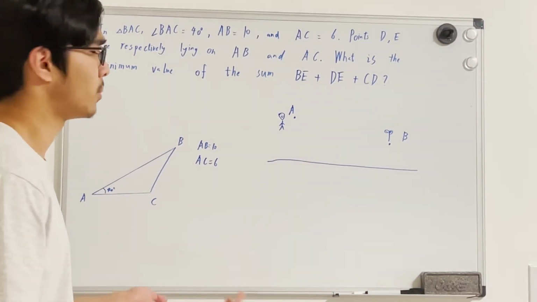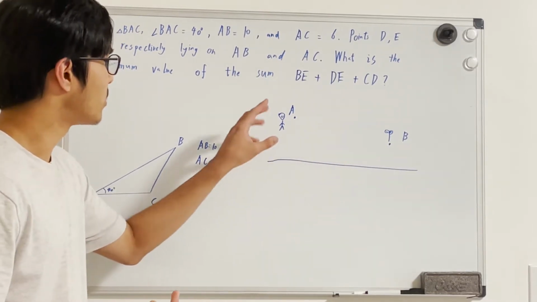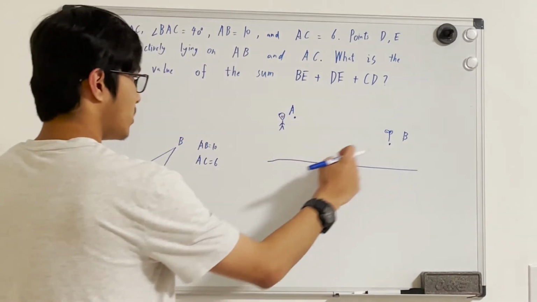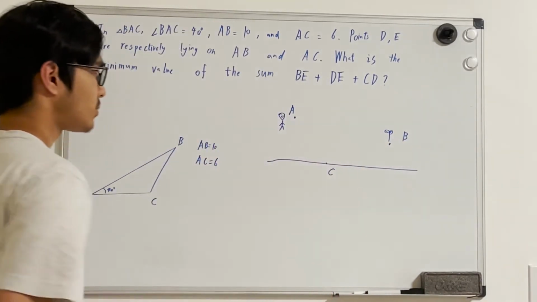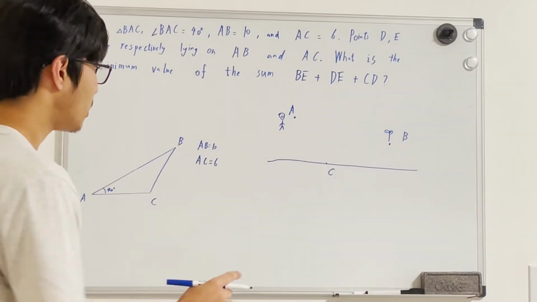But how do we do that mathematically? It's really hard to just find a point C such that AC plus BC is the smallest value, but there's one thing that we can do.